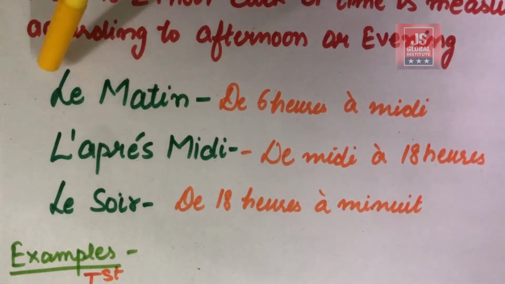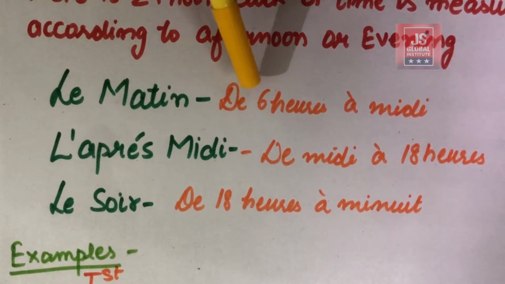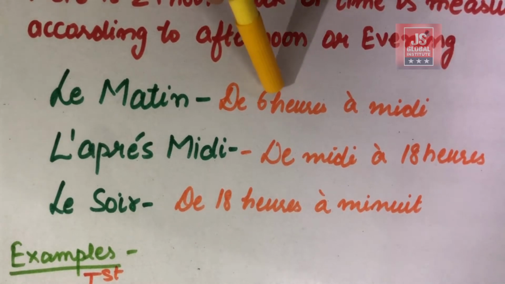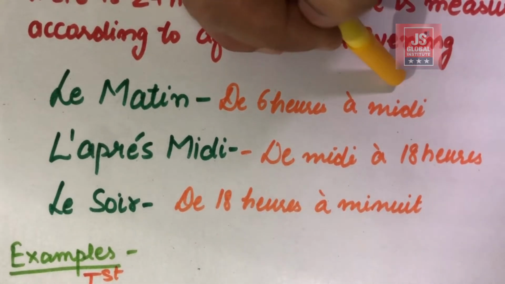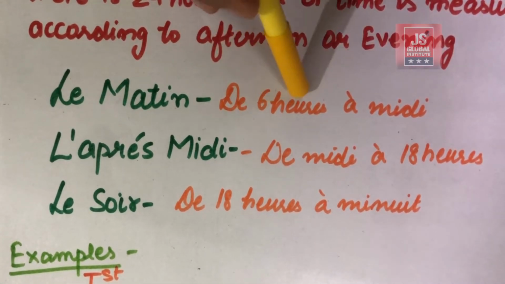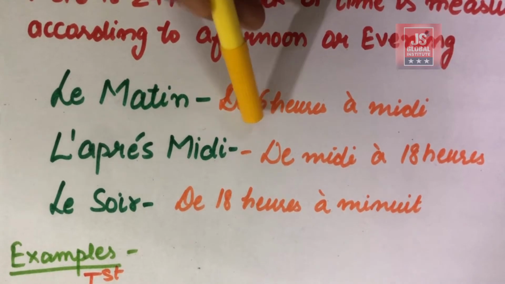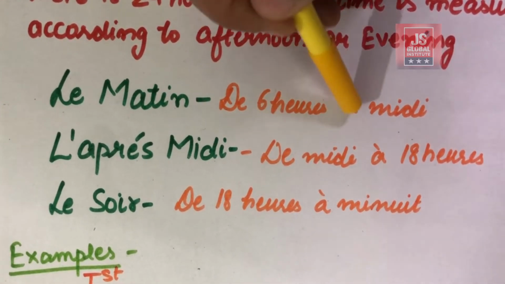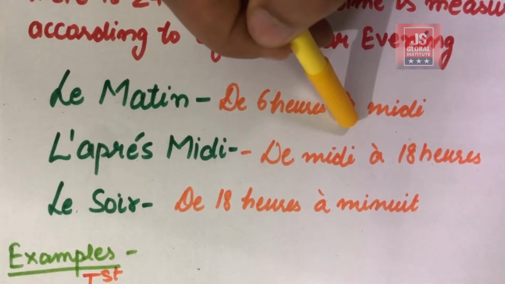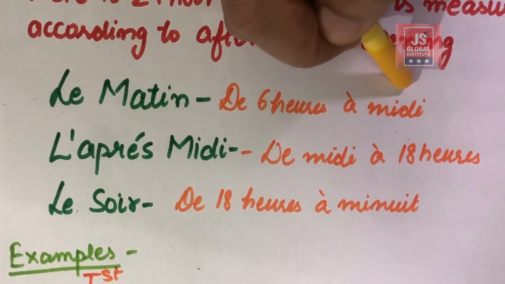So what time zone has it been categorized into? It is from 6 AM to 12. This is written in French, de 6 heures à midi. De means from 6 AM, à means to, midi means 12 o'clock noon.